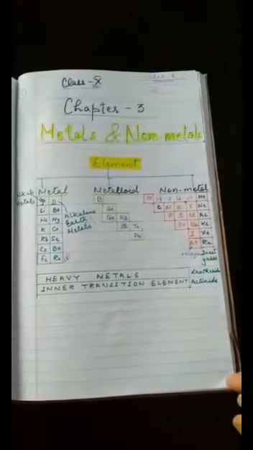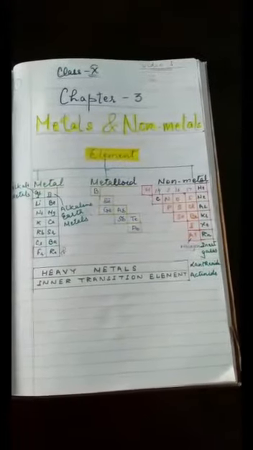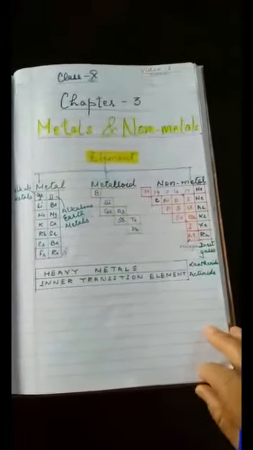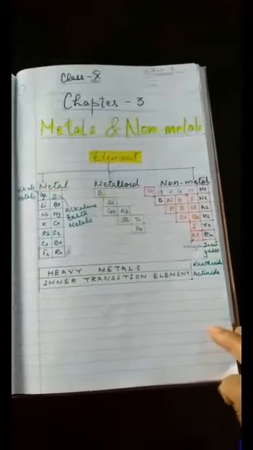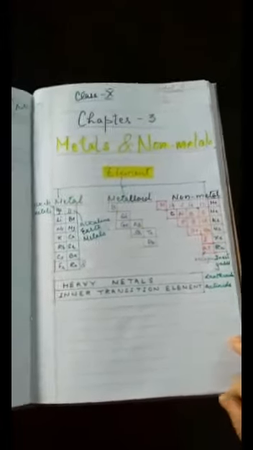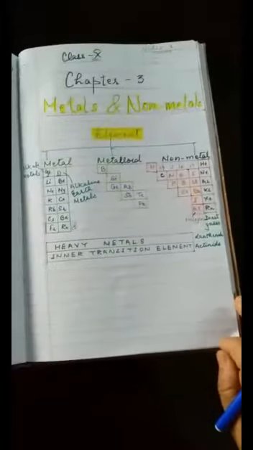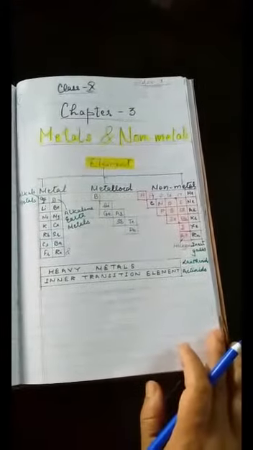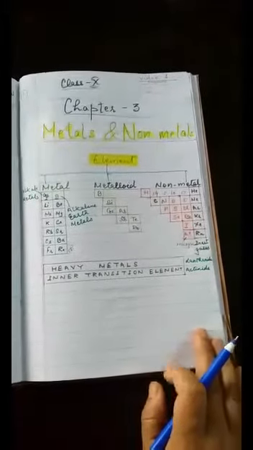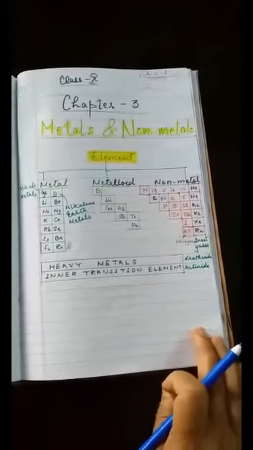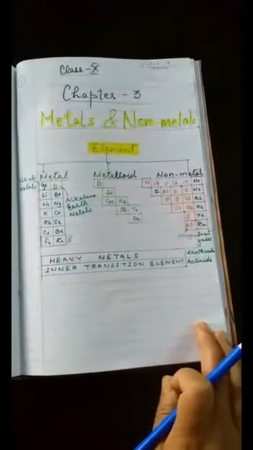So let's start the physical properties of metals. First of all, what is a metal? Metals are those elements which have a tendency to lose electrons, and non-metals are those elements which have a tendency to gain electrons.